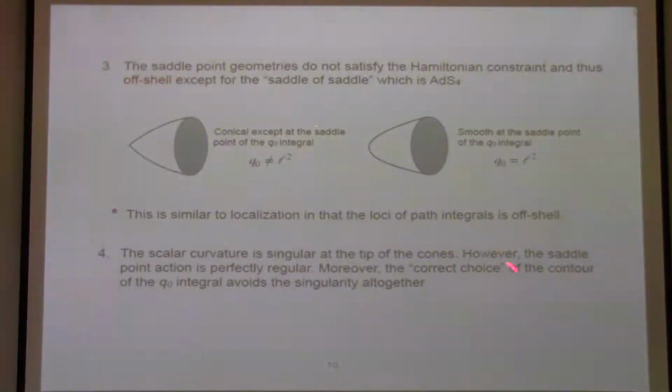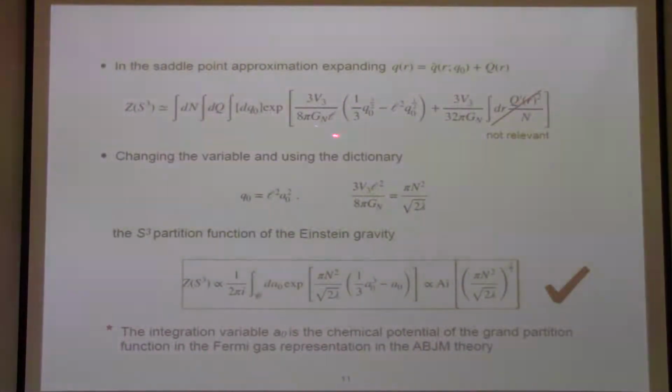This choice of contour is to reproduce the Airy function that we want to get. So this is what we have, and we want to perform this Q naught integral. Expanding Q around this saddle point, we have the fluctuation for Q, and also we have the lapse.